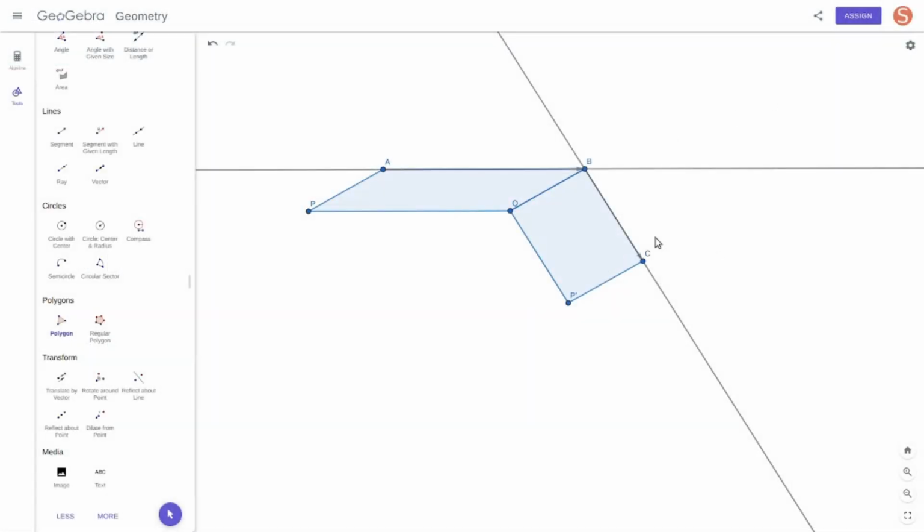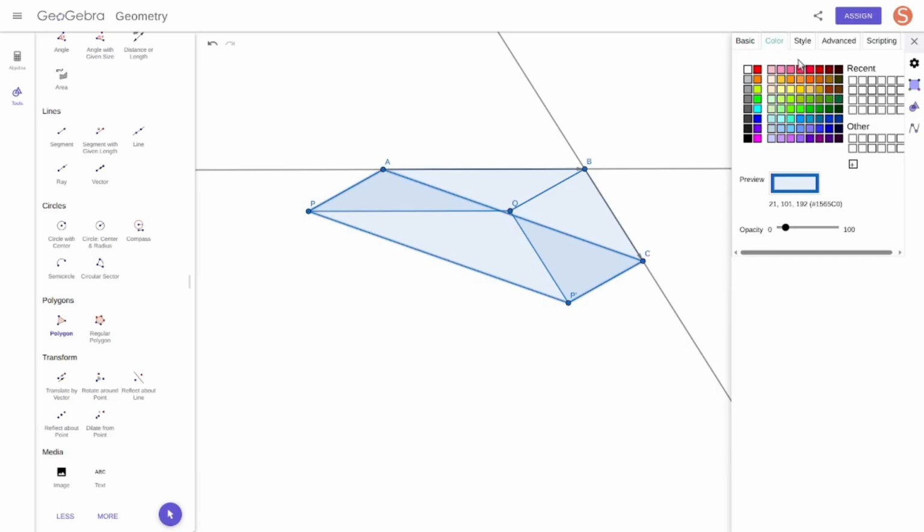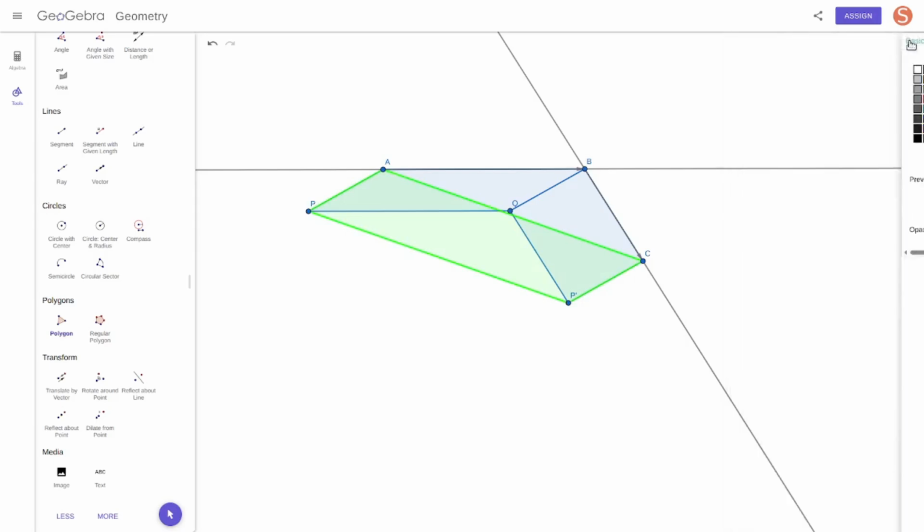And as I just said, our goal is to show that the parallelogram here that I have put in, let me put it in green, this green quadrilateral, I want it to be a parallelogram.